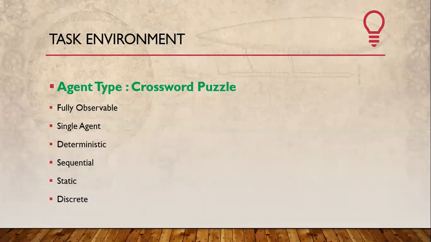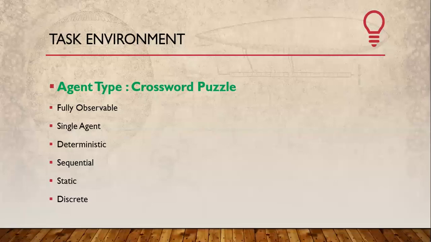So it should know the characteristics of the environment in which it is working, and that is where the different types of task environment come in. So first of all, before we go into the example, let's have a quick discussion of the task environments which we have already gone through.